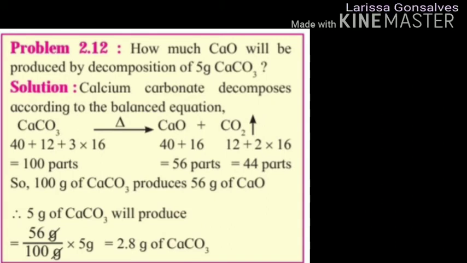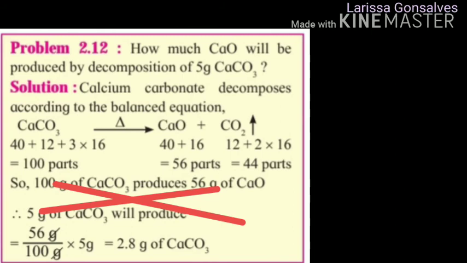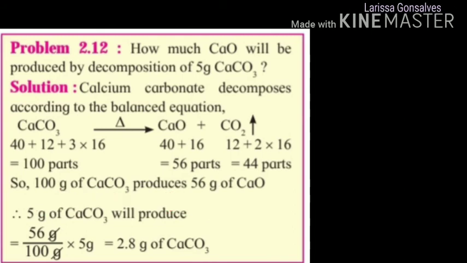Again we just have to cross multiply. So 56 into 5 grams divided by 100. The grams will get cancelled of course, and the answer we get is 2.8 grams of calcium oxide. I hope with this you are clear with the chemical reactions and stoichiometric calculations and problems.